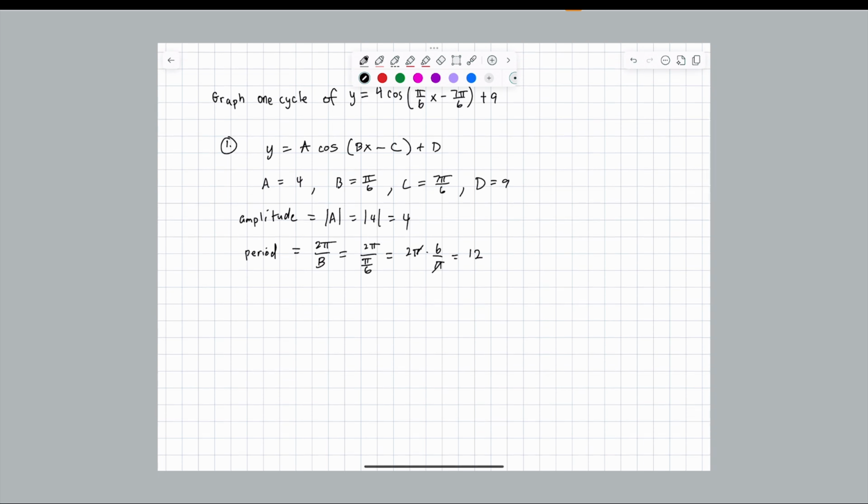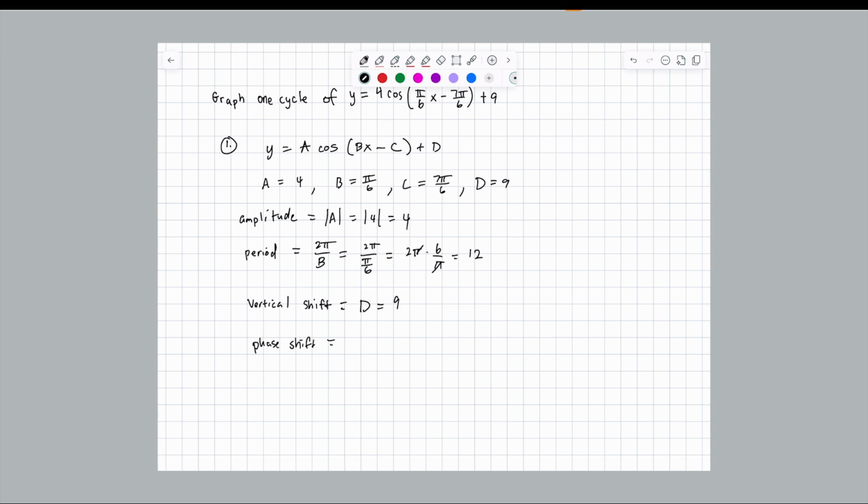And then we can identify the vertical shift, which is our d value, and so in this case it's just 9. And also we can get the phase shift, which we use as our starting point when we find the x values of the 5 special points.